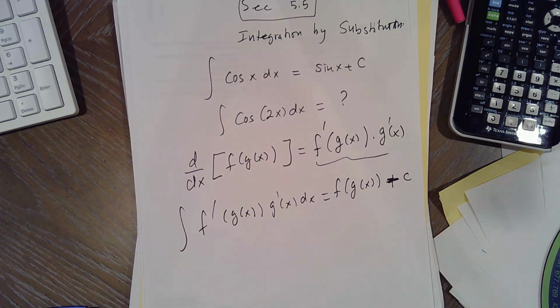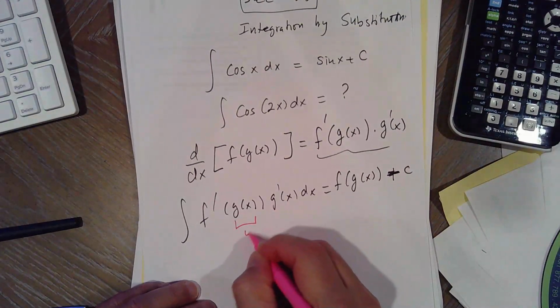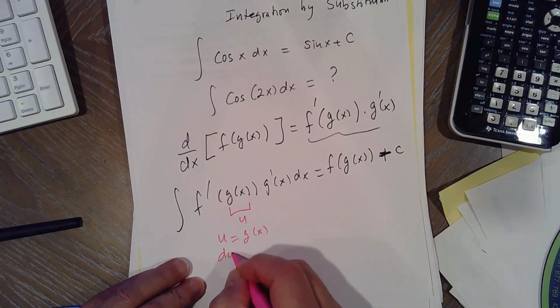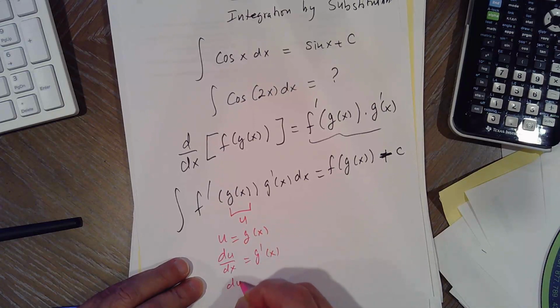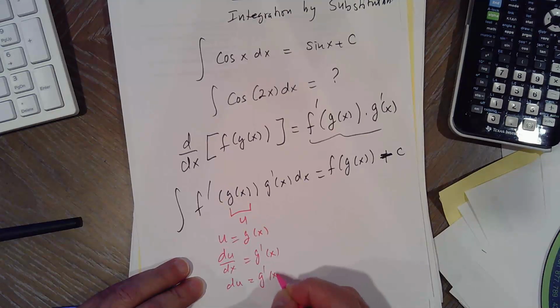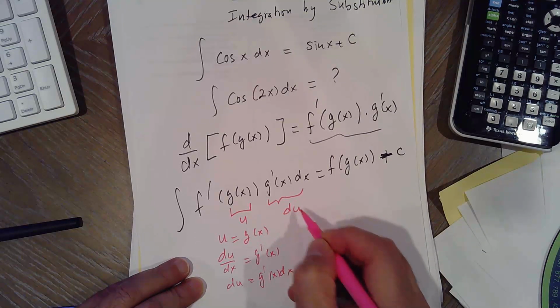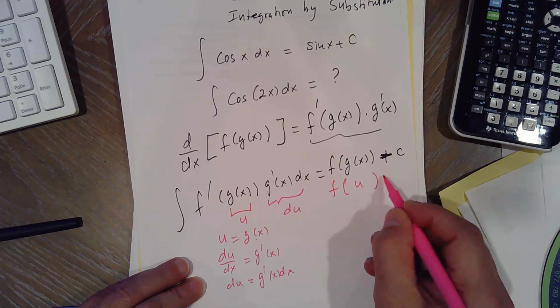We can let u equal g of x, and if you do that, then du by dx is g prime of x, or du is g prime of x dx. So all this is du, and this would be f of g of x, but g of x is u, so f of u plus c.